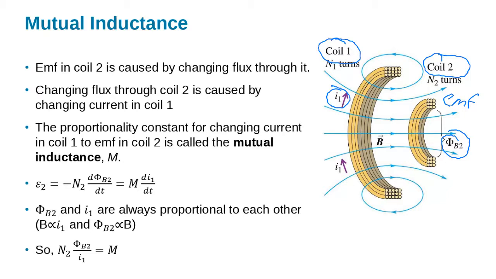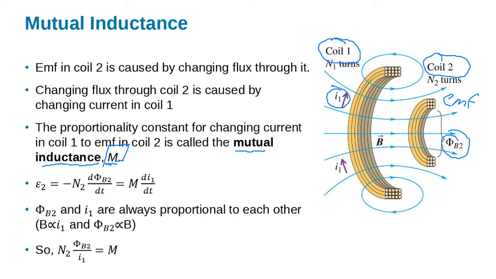We call this proportionality constant the mutual inductance, or M. This is basically saying how good a mutual inductor this system is.